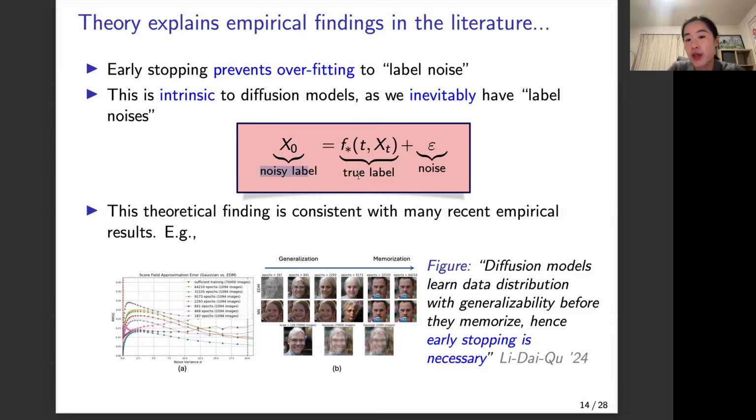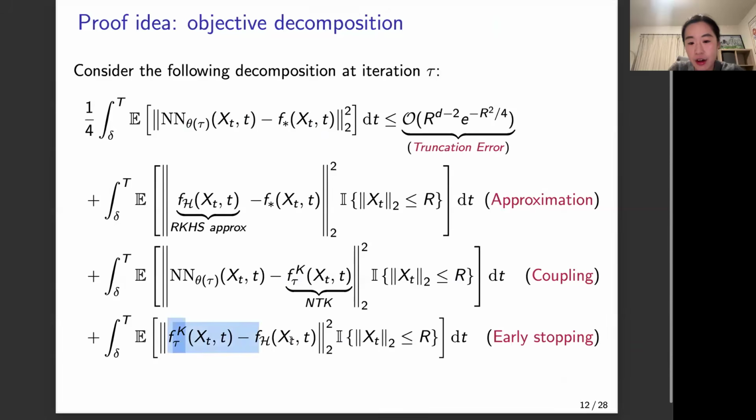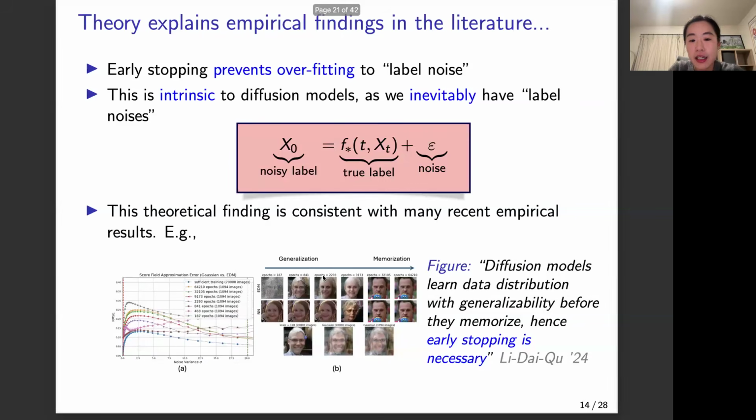Because in the end, what we want to approximate is not the input data, but the posterior mean, because that's the function that we want to approximate. So theoretically, early stopping helps us to bound the difference in the last term. And empirically, we also find that early stopping is very important when we run the experiments.